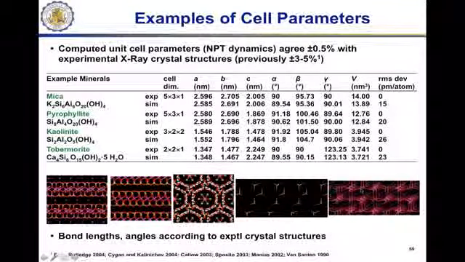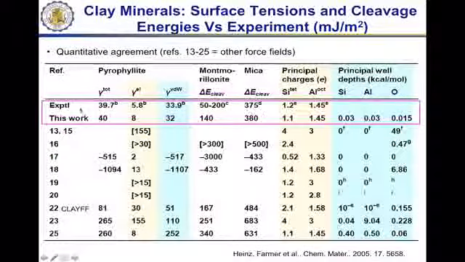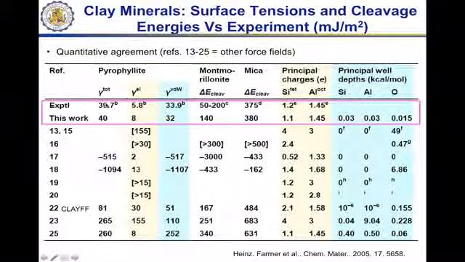So here there could be more examples for structural reproduction. You can see that for a range of minerals we get those cell parameters in very good agreement with the experiment. Then, as mentioned, the surface and interfacial properties, like here, surface tensions, experiment versus computation, even electrostatic and van der Waals contributions are fine, and they are neatly related to the atomic charges that are assigned.